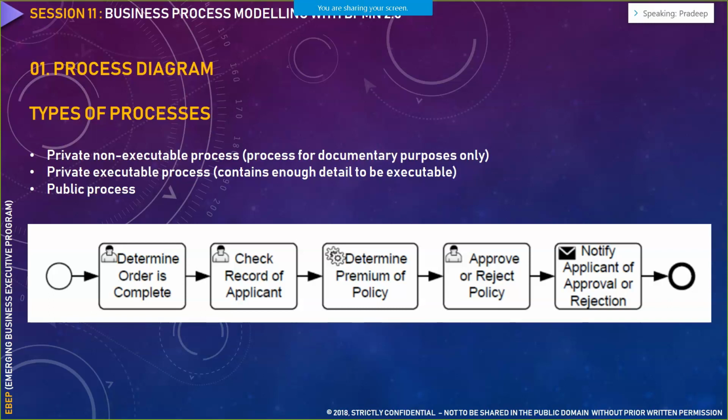Requirements gathering can be a private non-executable process. I'm talking about these 5 processes only. Check record of applicant, the second one. Yes, absolutely. So that would go under private non-executable process.